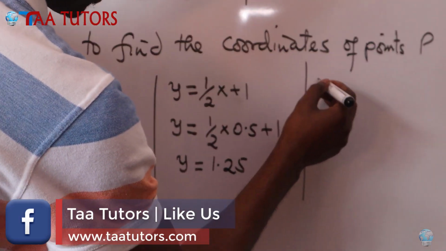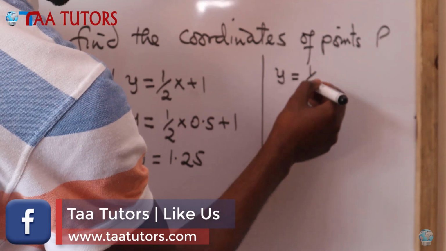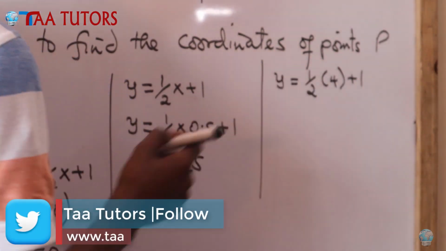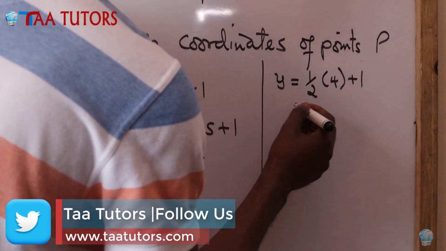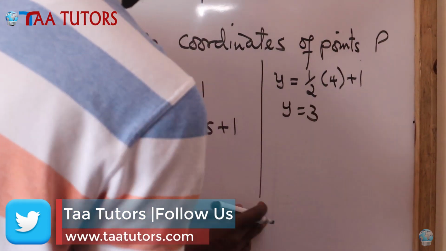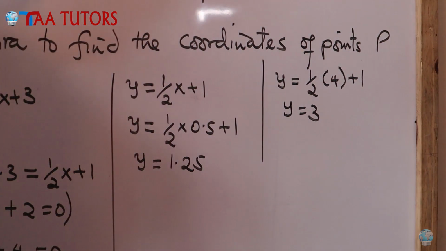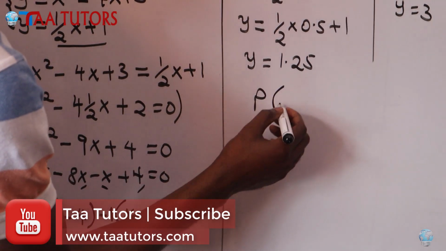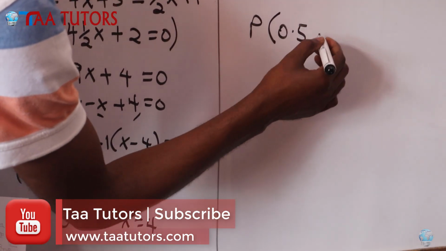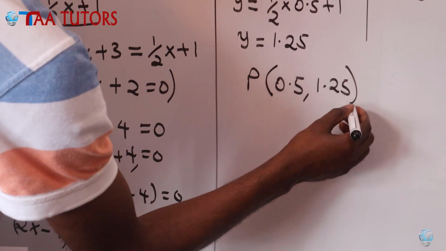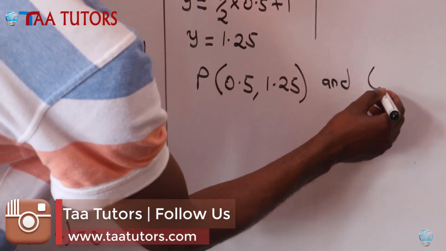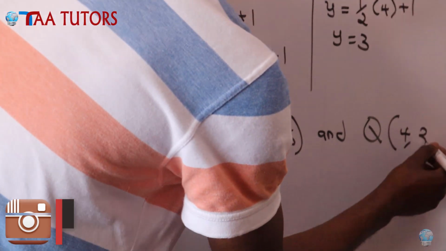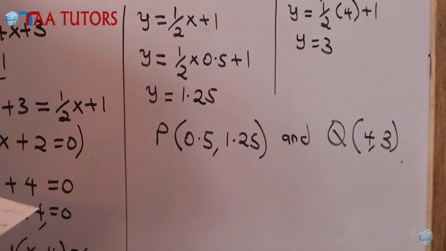Or again, y equals a half x, where x is 4, plus 1: half times 4 is 2, plus 1 is 3. So y here is 3. So the coordinates here are 0.5, 1.25, that is coordinate P, and Q is 4, 3. So we have got that.